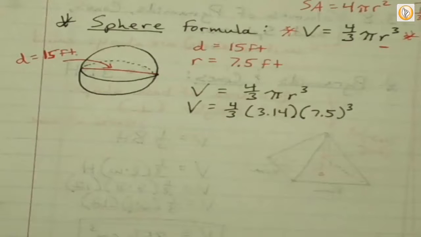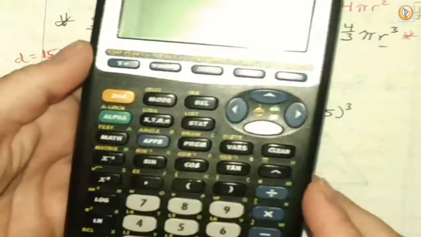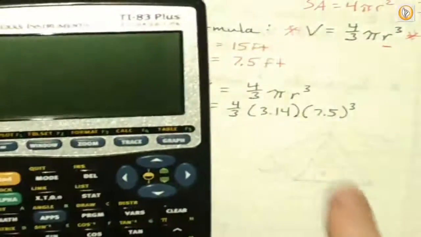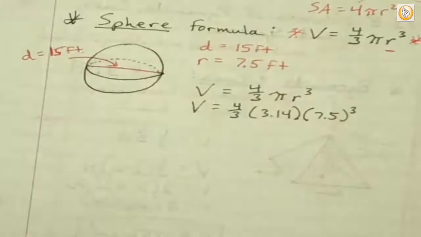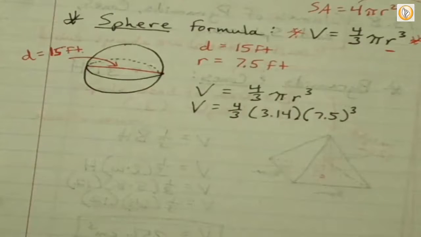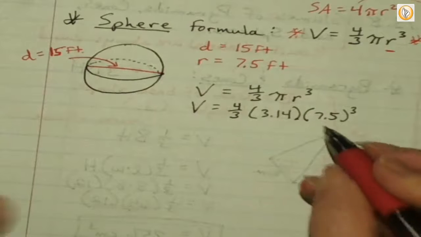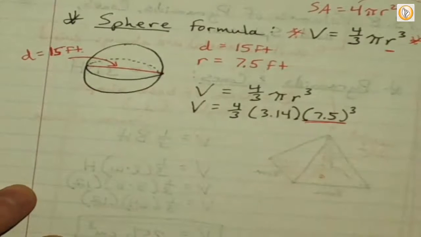If you do not, I'm going to show you. If you have your graphing calculator, it's 7.5 cubed. Whether you have a graphing or regular one, this is what you're going to do first.